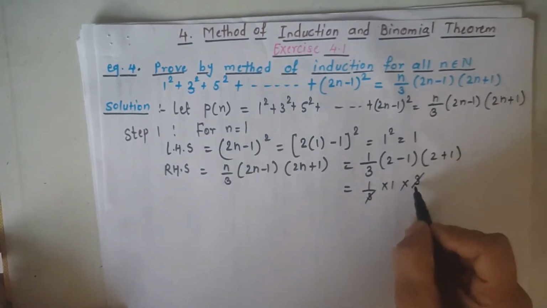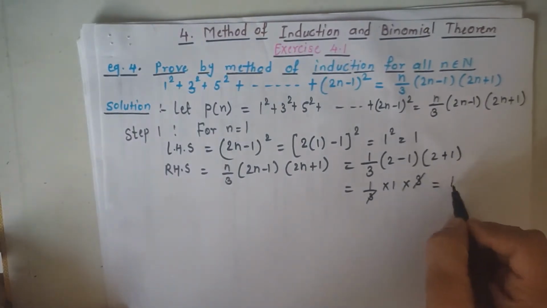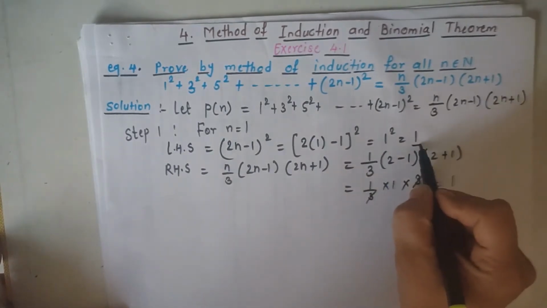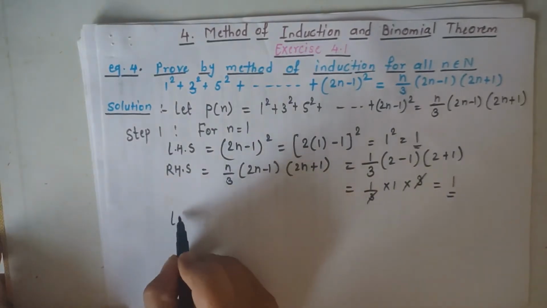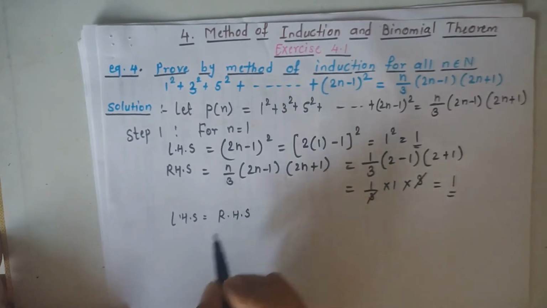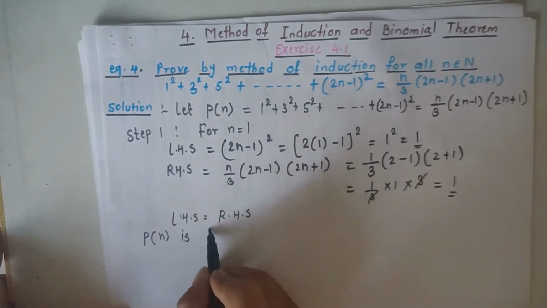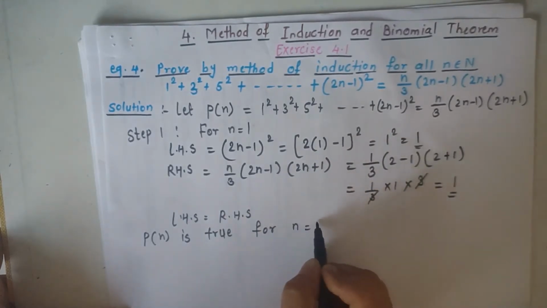Here 3 and 3 will be cancelled, then we get RHS is equal to 1. Here both LHS and RHS are equal. So we can say that LHS is equal to RHS, and so P of n is true for n is equal to 1.